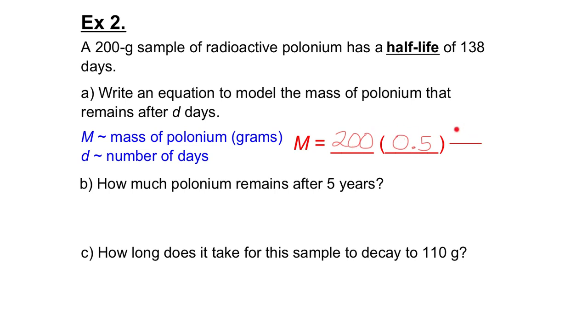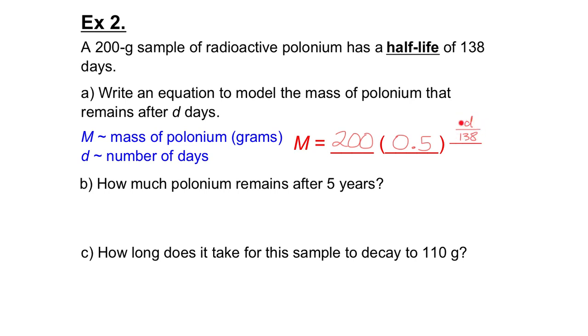Now, if you just put a D here, that won't be totally correct because the half-life isn't every day, it's every 138 days. So every day is 1/138th of the half-life. Once D is 138, this exponent is equal to 1. 138 divided by 138 is 1.